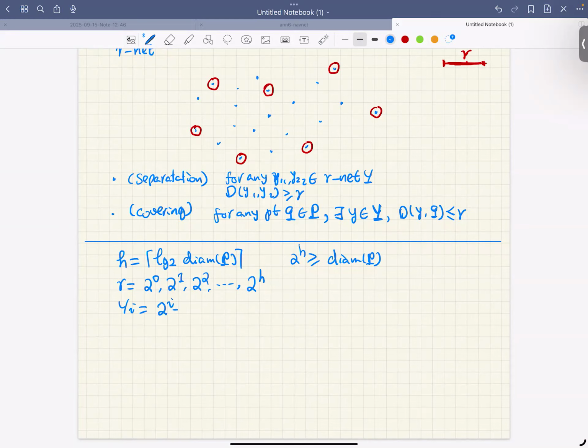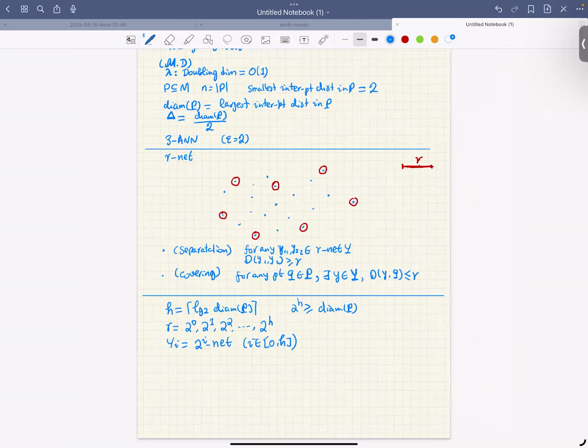So this is the 2 to the power of i net, and I do this for every i, where i goes from 0 to H. By the way, so far I have not explained the whole data structure, but what you can imagine is that I have different summaries of the original data set, and each summary is at a different distance scale. That's what I have done so far.